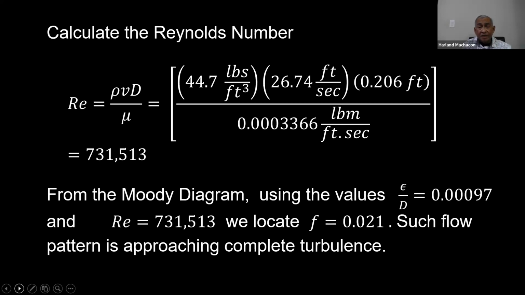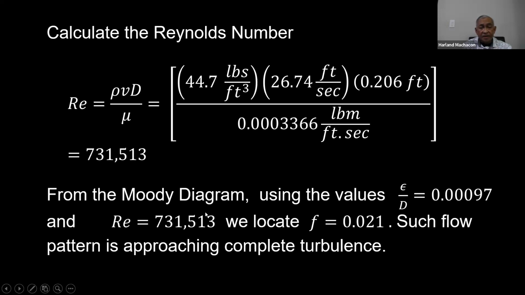So the next step is we calculate the Reynolds number. Density, 44.7 pounds per cubic foot. Velocity, 26.74 feet per second. And the diameter, 0.206 feet. And the dynamic viscosity is 0.0003366 pounds mass per foot second. So the result will be 731,513.